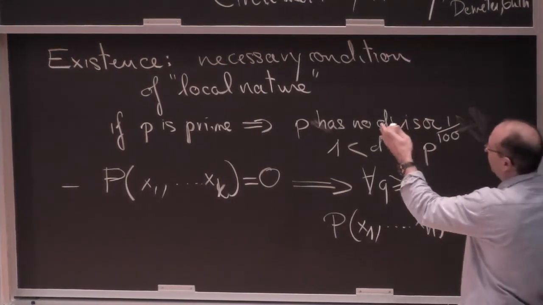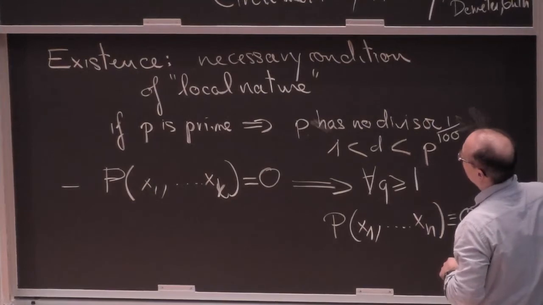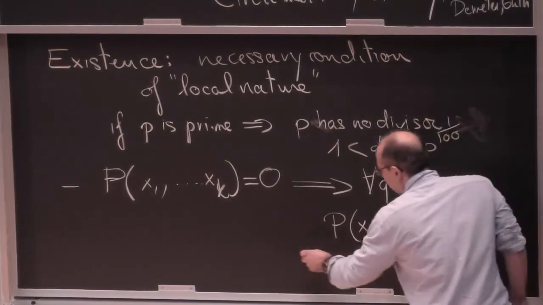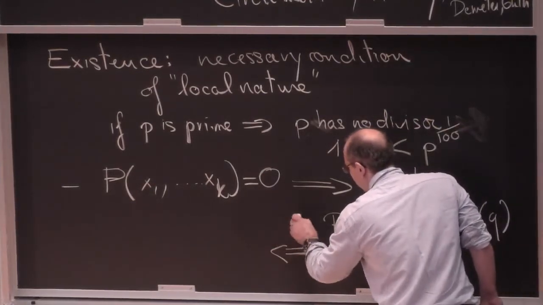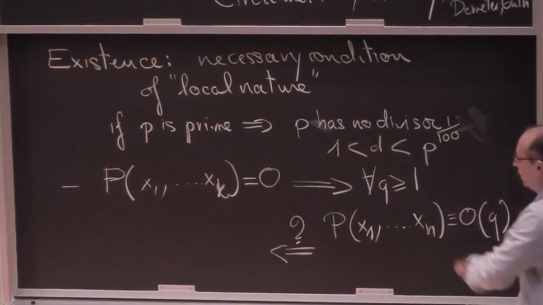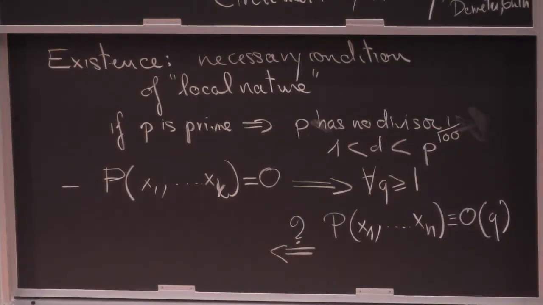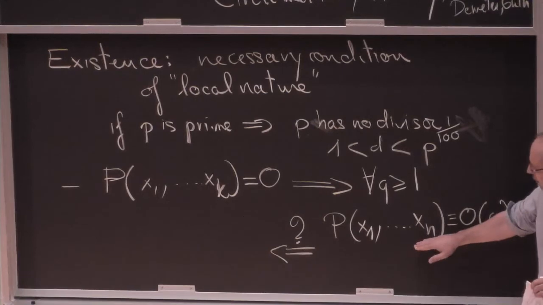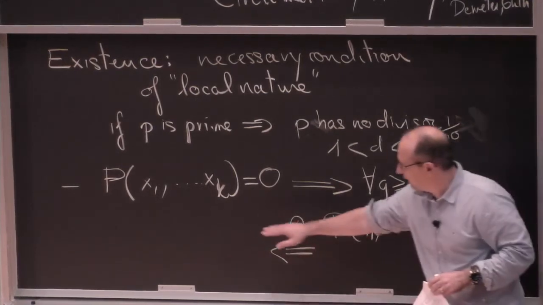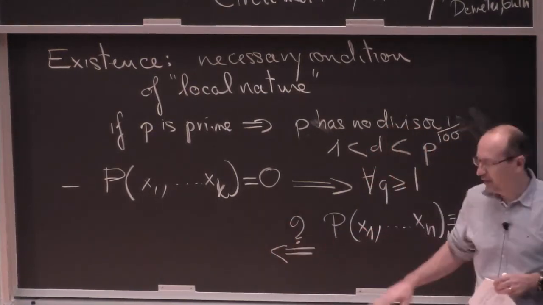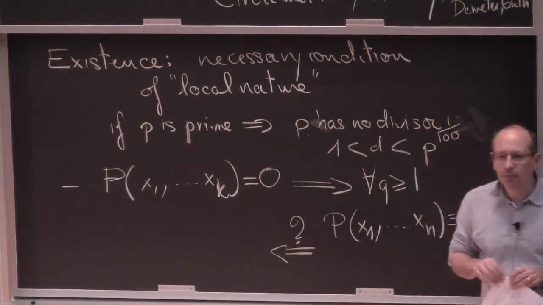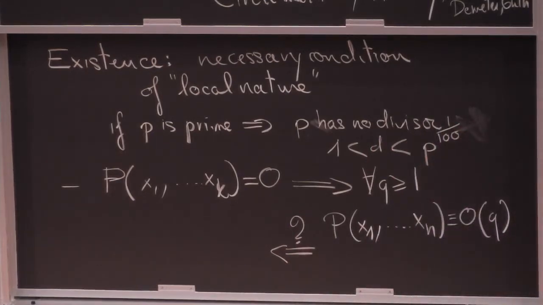So when we have all these local conditions, sometimes what we would like to show is to go in the reverse direction, and this is called a local-global principle. This arrow usually does not really belong to analytic number theory. It belongs more to arithmetic geometry, I would say.